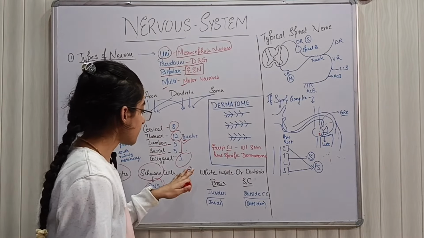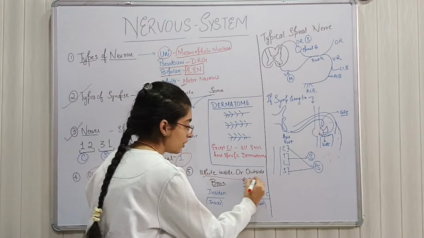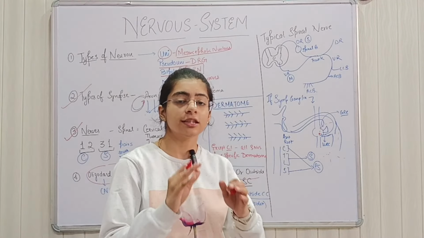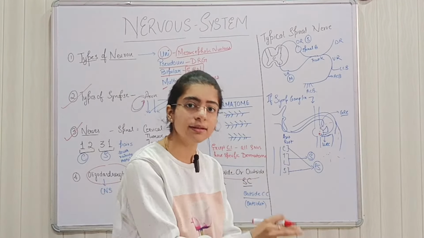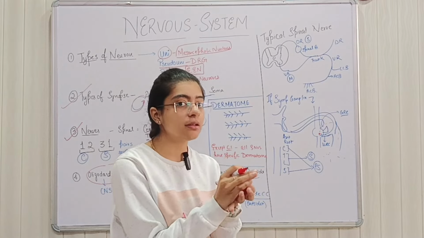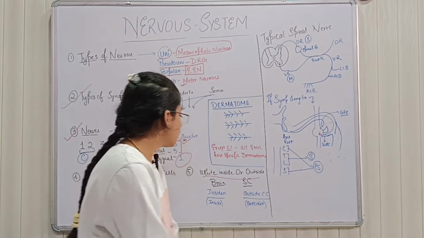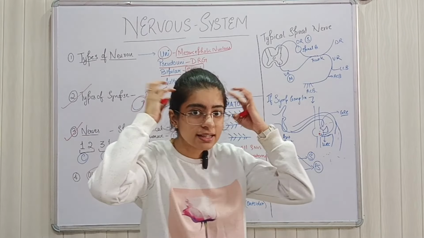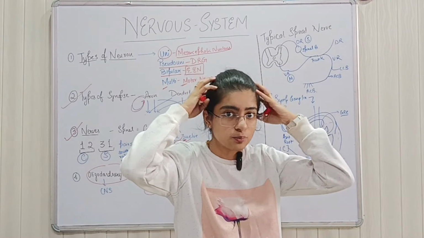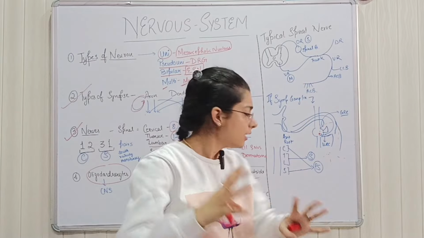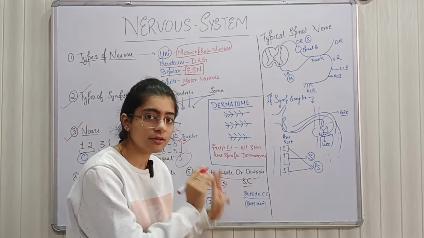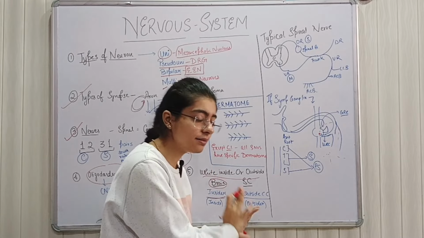Next comes white inside or outside. I mean the white matter is present inside the gray matter in brain or outside it. So we can remember that brain is inside the cranial cavity. It is inside this cranial cavity box, right? So the white matter is insider in brain.